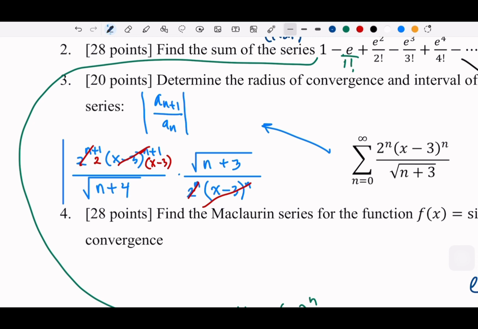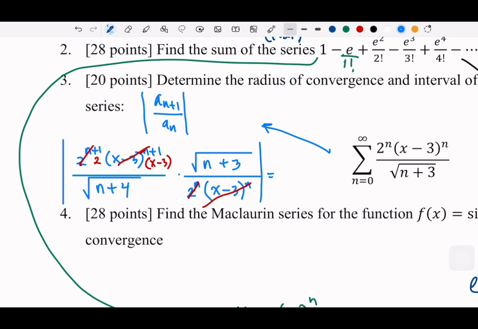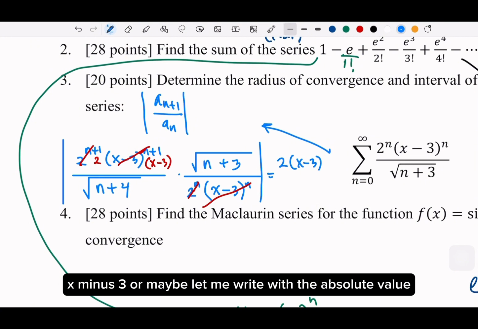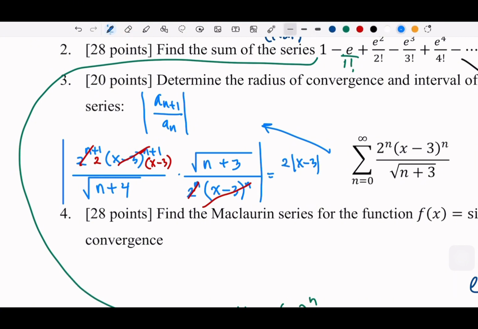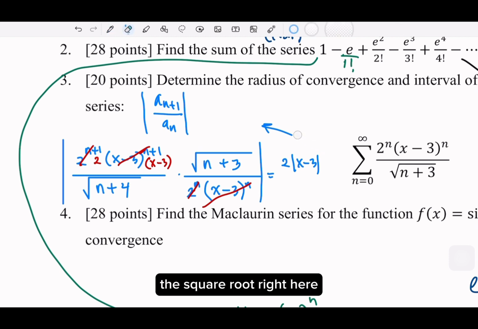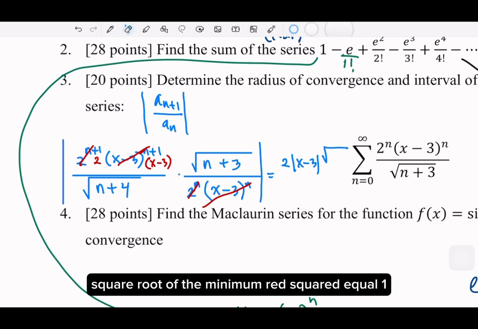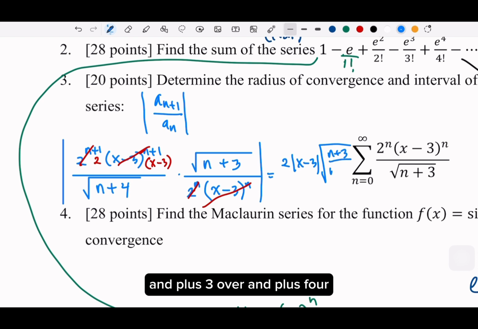This is absolute value, and this equals 2 times the absolute value of x minus 3, and then multiply by this square root of n plus 3 over n plus 4.